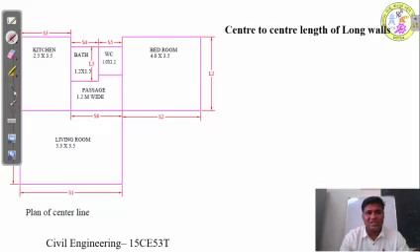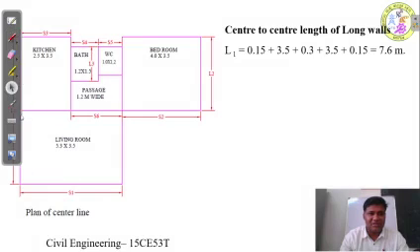So center to center length of long walls means, first I am going to take the length of L1. From here to here it is called L1. I need to calculate the center to center length from here to here. How to calculate?